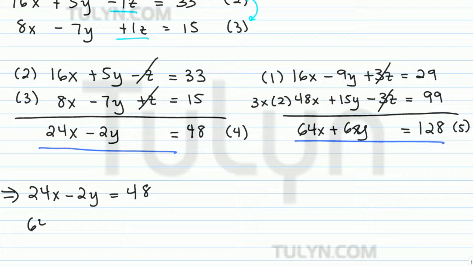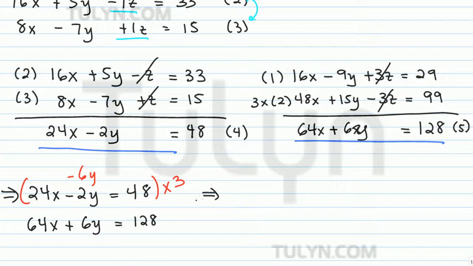And then 64x plus 6y is equal to 128. Now, it seems like the best thing to do would be to get rid of the y because it's got all the small coefficients, right? So if we multiply the top equation by 3, we're going to get a negative 6y on the top. So it's going to cancel out with a positive 6y.